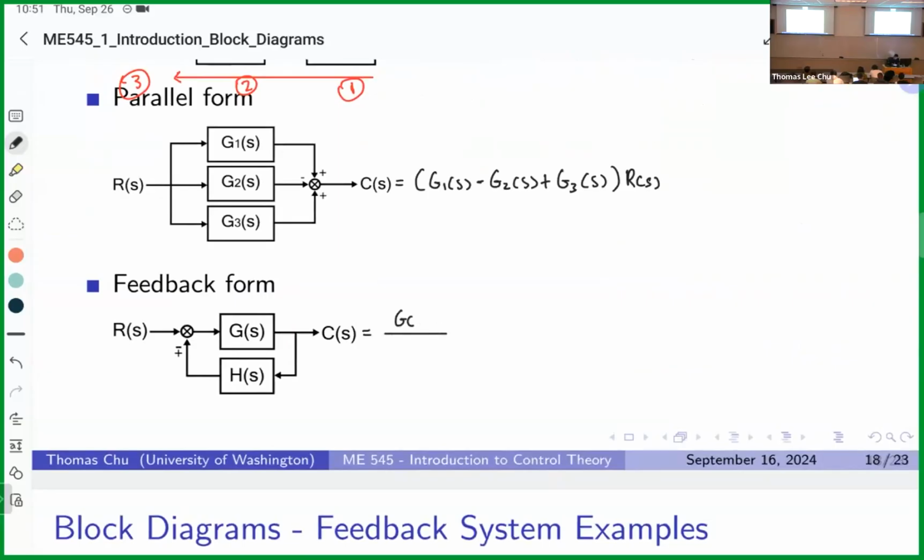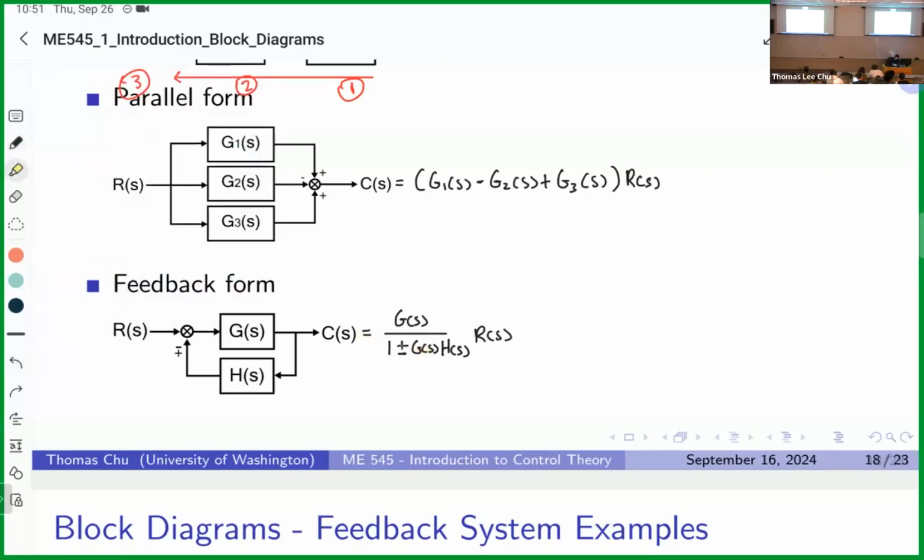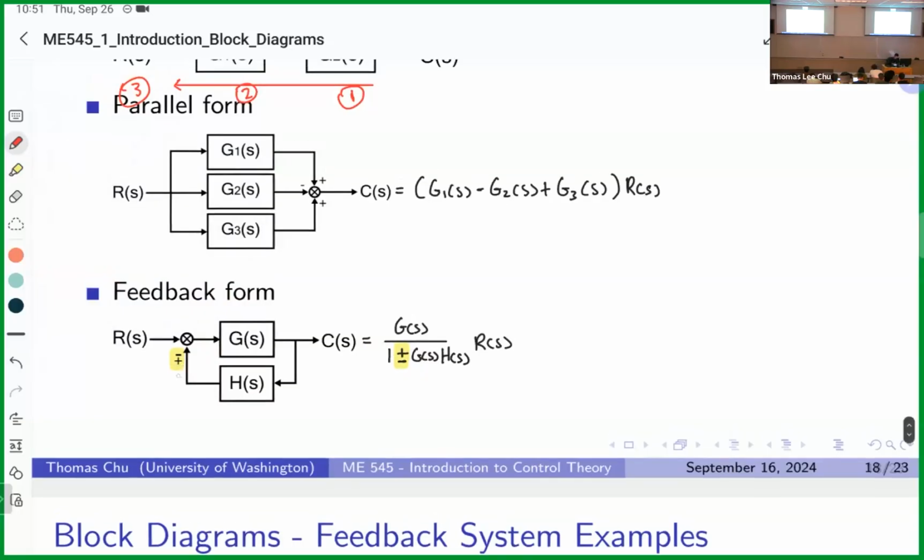It's going to be G of S divided by 1 plus or minus G of S, H of S, multiplied by our input, R of S. Do note that this plus or minus corresponds with this, so it's flipped. If I choose a minus, which is called negative feedback, you use the plus sign. If I choose plus, which is positive feedback, I use the minus sign. So these two are related.